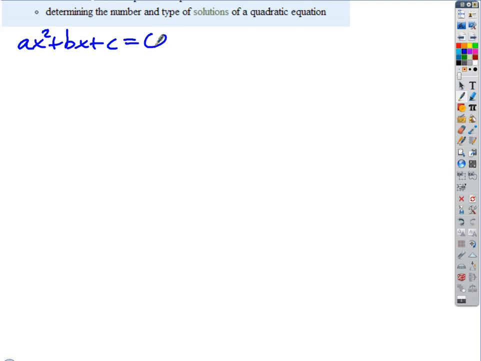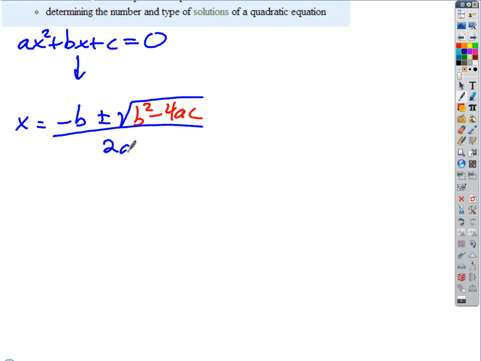If you have a quadratic equation in standard form, so it's set equal to 0, if that's true, then we know that x equals negative b plus or minus square root b squared minus 4ac, all divided by 2a.